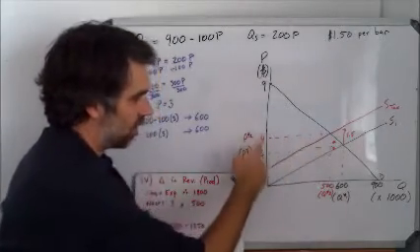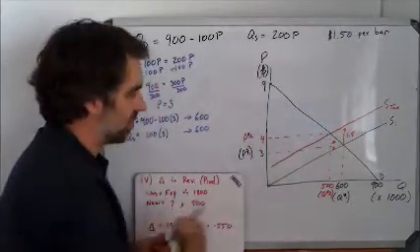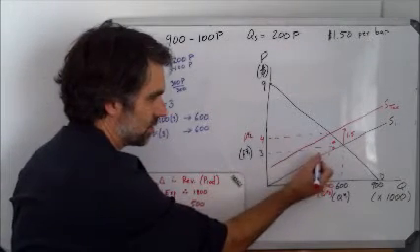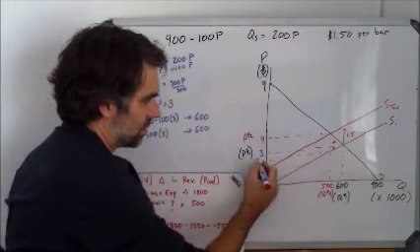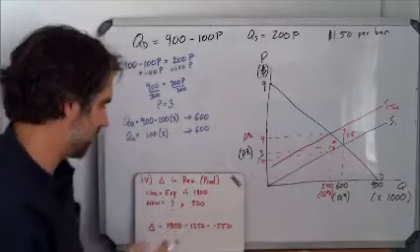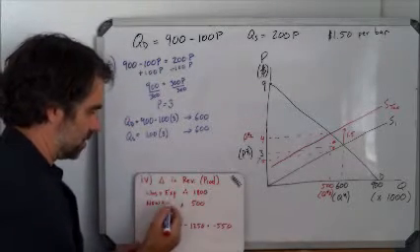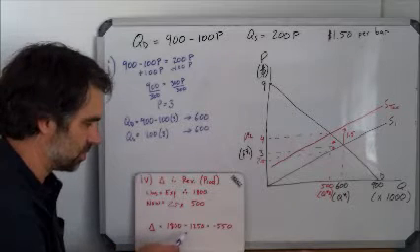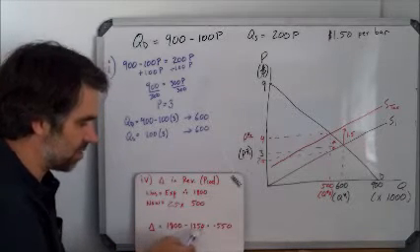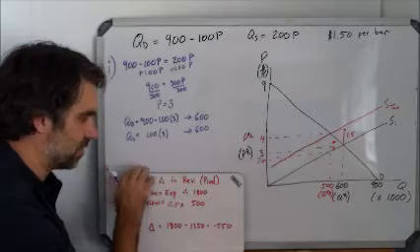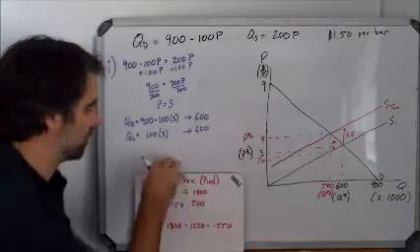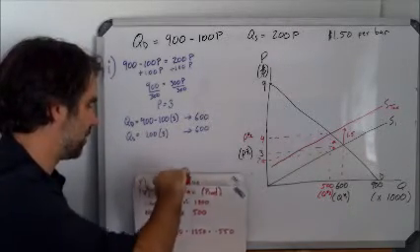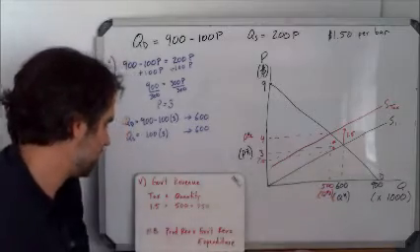So if that's 4, then this is 1.5 less than 4, that is, it's 2.5. Okay? So this is going to be 2.5 times 500, which is going to be 1,250. So 1,800 minus 1,250 is negative 550,000.